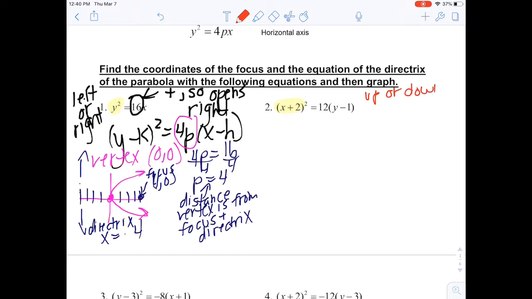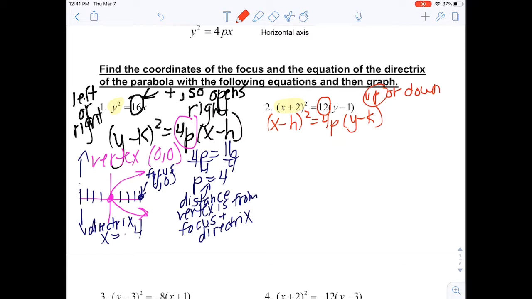Now how do we know if it's up or down? Well, I'm looking at the 12 right here, and that's positive, so that's going to tell me that it opens up. So that's going to be (x - h) squared equals 4p(y - k). So these are equations that you need to have memorized.